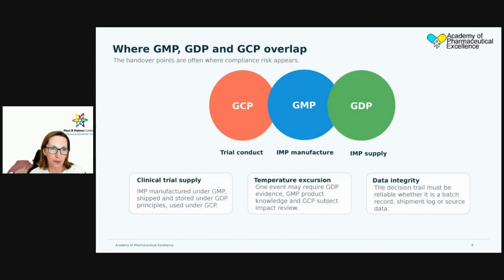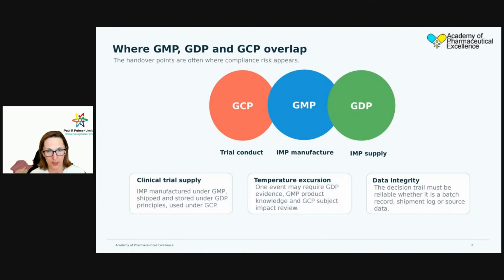Now, think about what could go wrong at the handover points between the individual G areas, like your GMP, GDP, and GCP. So the clinical team may assume the product is available and ready. The manufacturing team may assume the distribution conditions are understood.